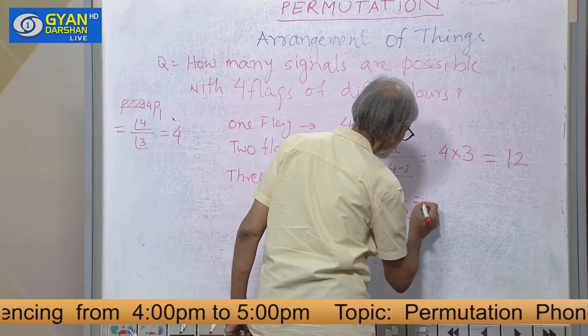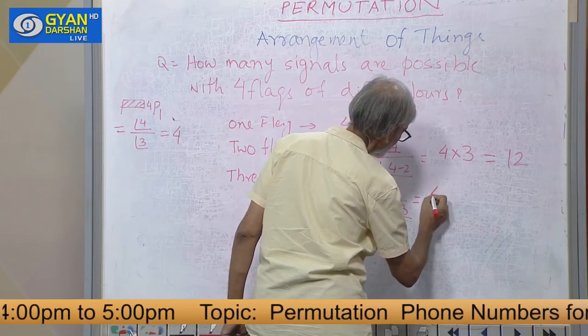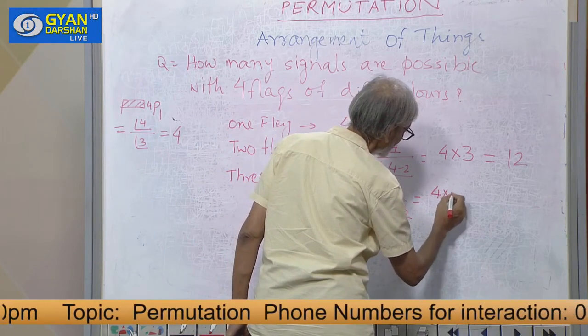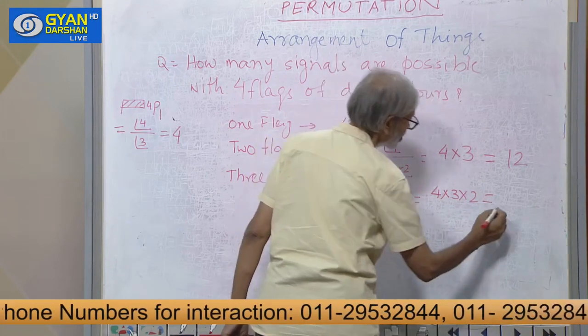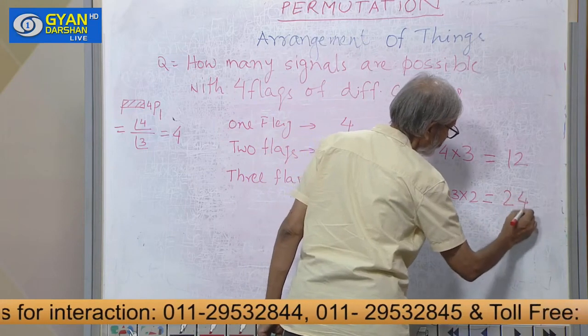So this will be equal to 4 into 3 into 2, which is equal to 24.